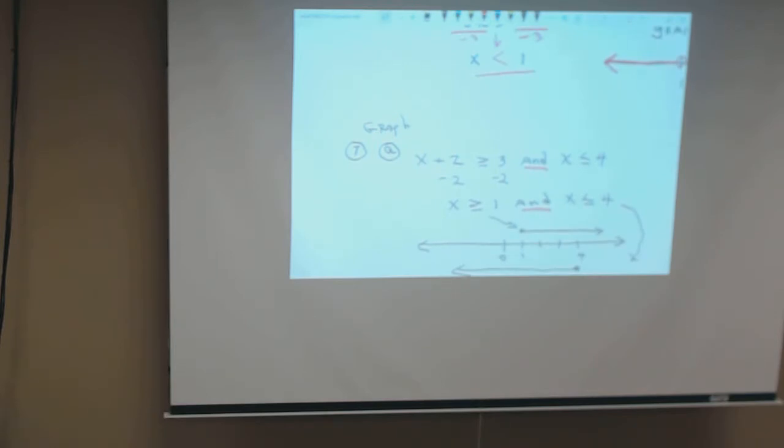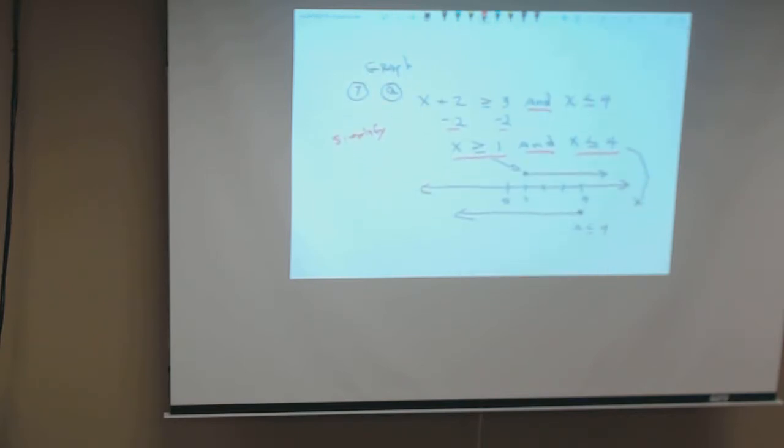So the first thing I do, so I can see what's going on here, is simplify. So I subtract 2, and now I have x is greater than or equal to 1, and x is less than or equal to 4. Okay, here's greater than or equal to 1. Here's less than or equal to 4.